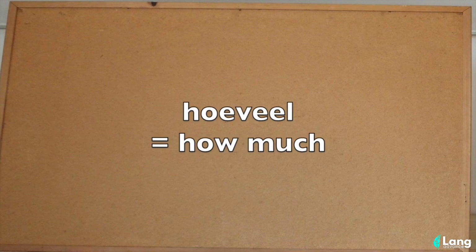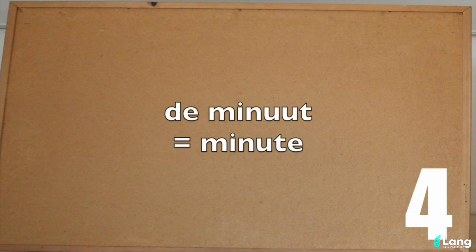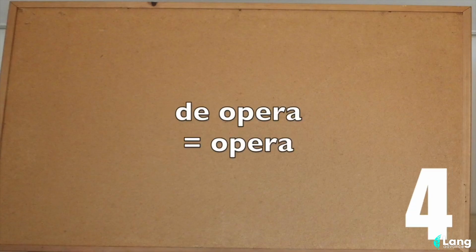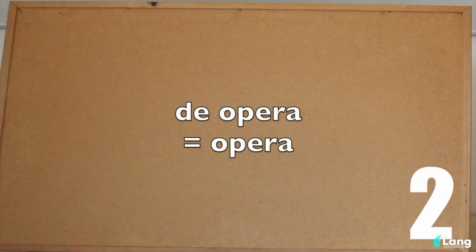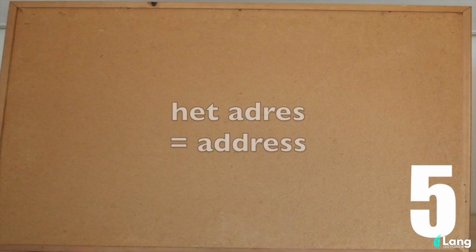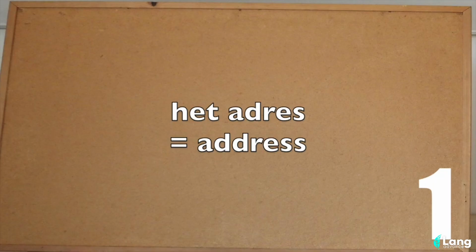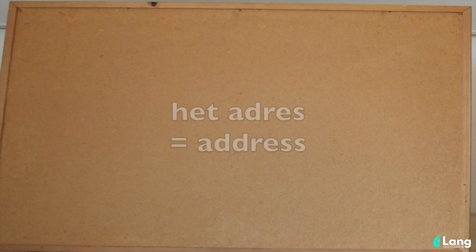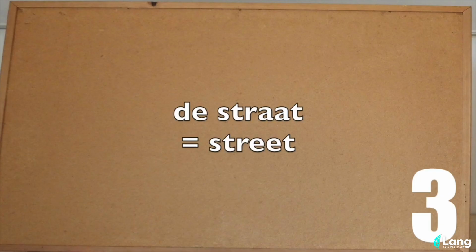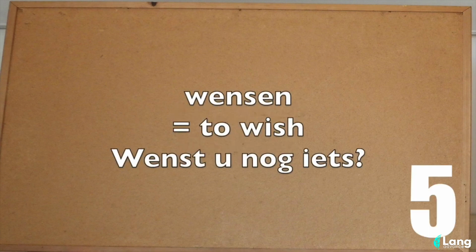Hoeveel is how much. De minuut is a minute. De opera is the opera. Het adres, that's the address, single D, single S. De straat is a street.